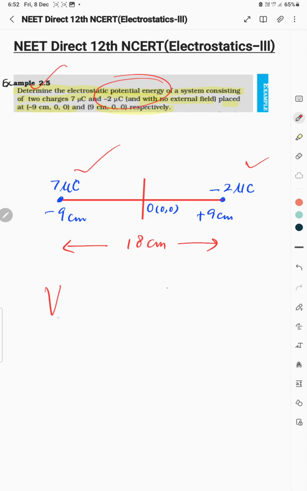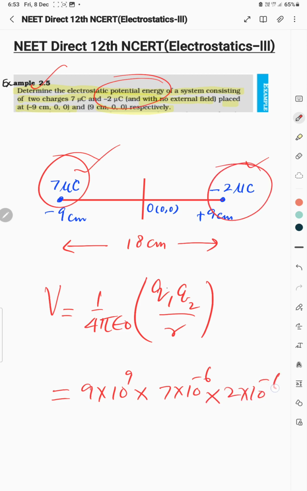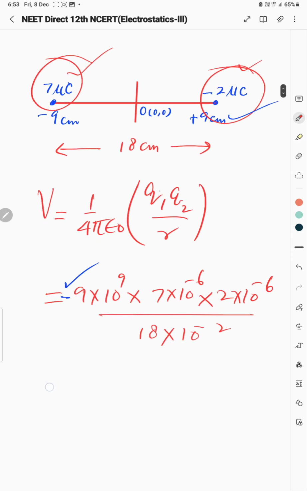As you know, the formula for electrostatic potential energy is 1 by 4 pi epsilon naught Q1 Q2 by r. Here you put in the values: this 9 × 10^9, Q1 the first one 7 micro, the second one minus 2 micro. Here we have to take care that because it's negative, a minus sign will come, which I write here, overall minus. Okay, further divide by the distance which is 18 centimeter, which we made meter. Now simplified, 9 twos are 18 and this 2 cancels with this. So in the numerator you have only 7. I write here 7.